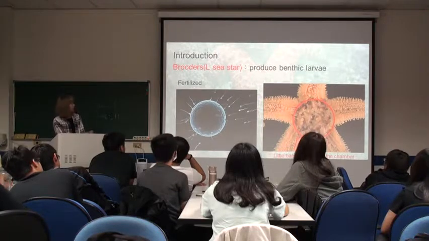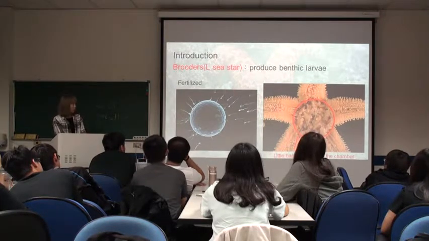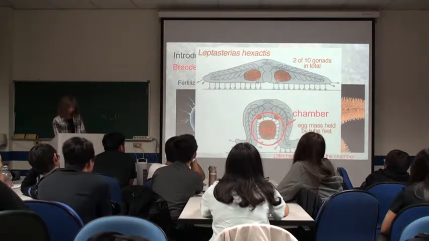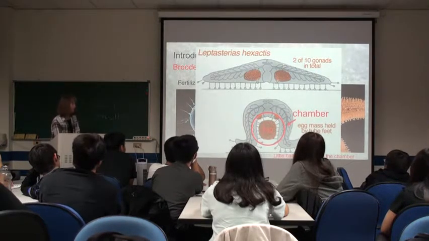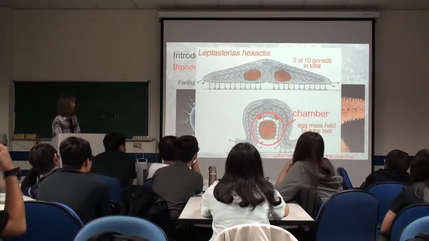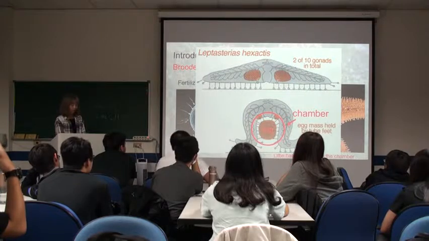Fertilized is like this picture, and the chamber is here. It's a place where the egg is fertilized and develops into the larvae. And LC star is benthic its whole life.